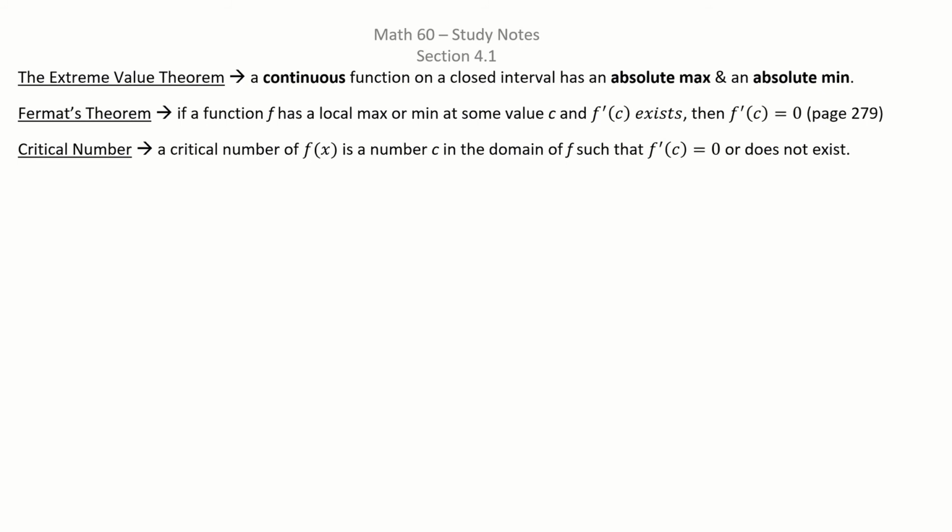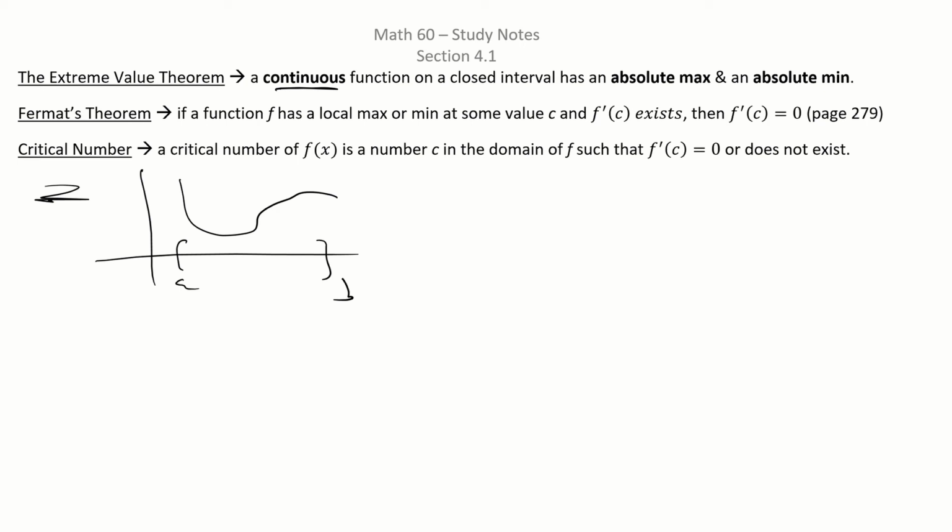It's based upon these particular theorems here. First one is the extreme value theorem. It says a continuous function on a closed interval, there are no surprises. So you've got a closed interval, maybe it's from A to B, and you've got a function doing whatever it's doing.